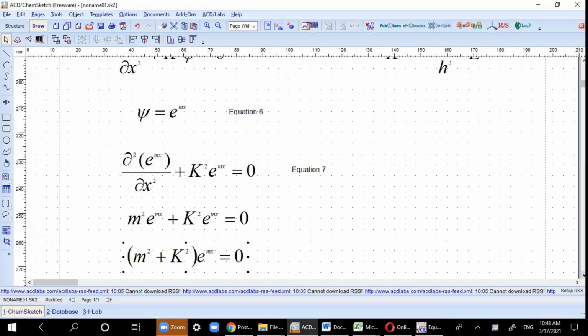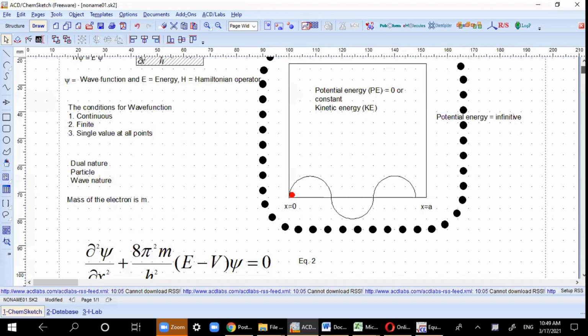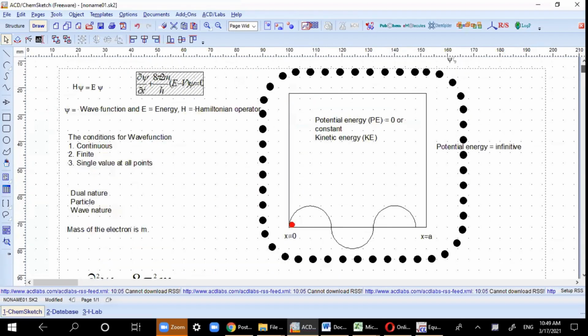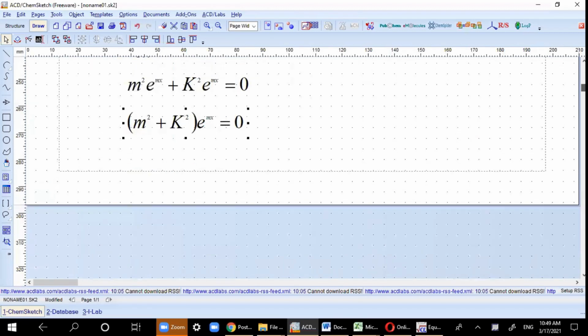e power mx, m square plus k square, equal to 0. Now, as per our particle in a box condition, psi is not equal to 0. As per our condition, e power mx cannot be 0.